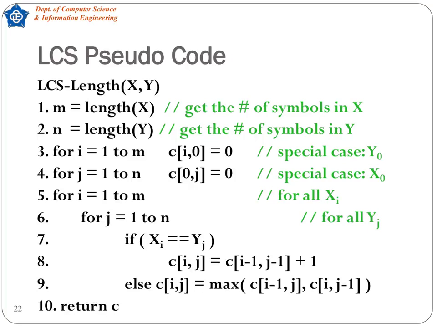If they match, we assign C[i,j] equals C[i-1,j-1] plus 1. Otherwise, we take the larger of the two neighboring entries, C[i,j] equals max of C[i-1,j] and C[i,j-1]. After filling in every cell, we return the completed table C, and its entry at m, n gives us the length of the longest common subsequence.